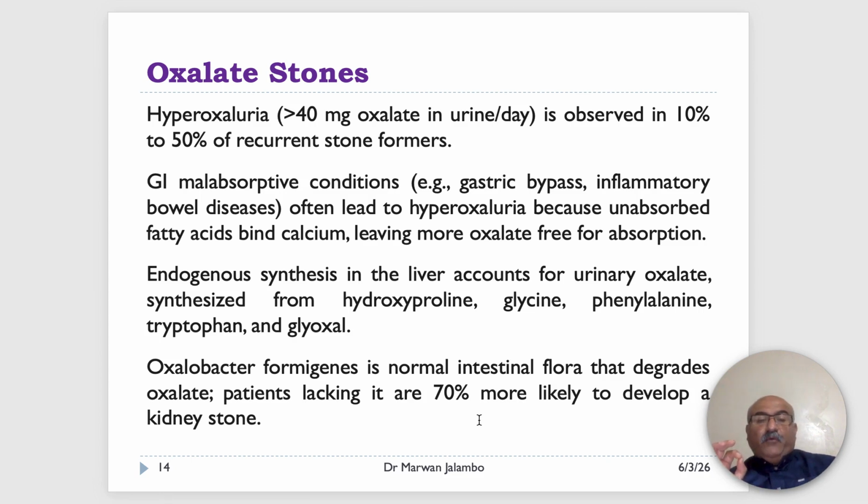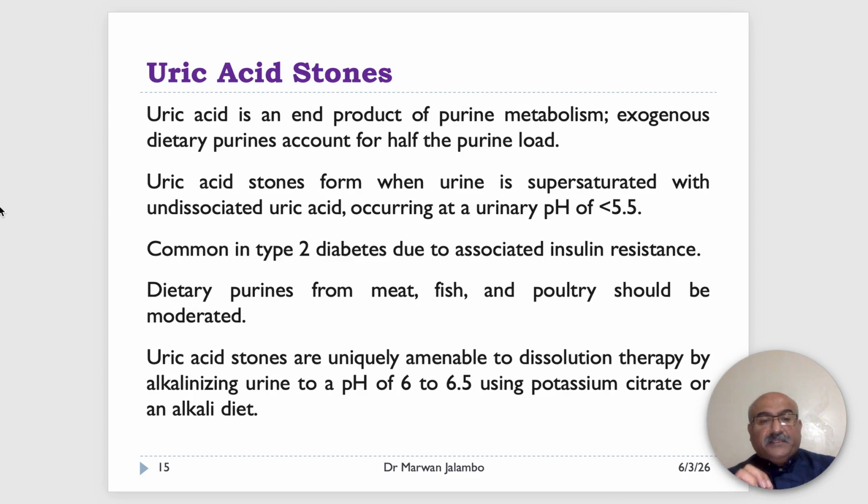Next, we will discuss together the uric acid stones. Uric acid is an end product of purine metabolism, with half coming from endogenous sources and half from the diet. These stones form when urine is supersaturated with undissociated uric acid, which happens when the urine pH drops below 5.5.